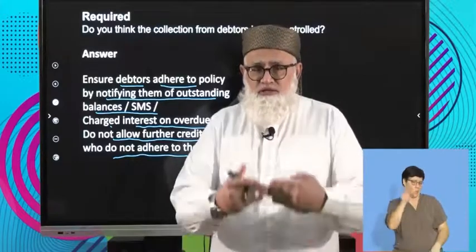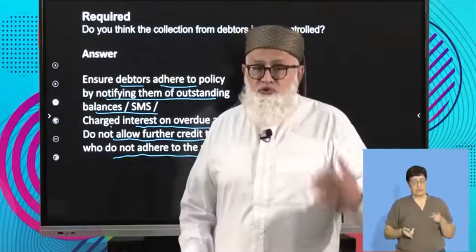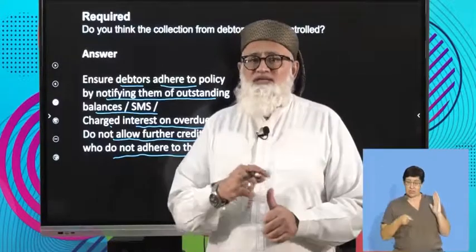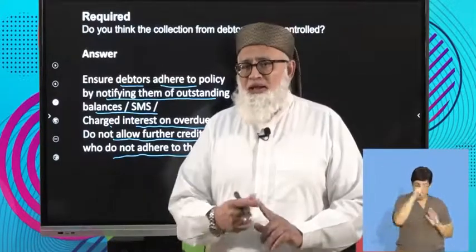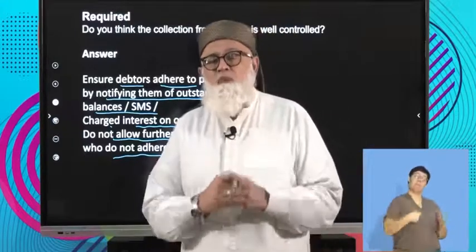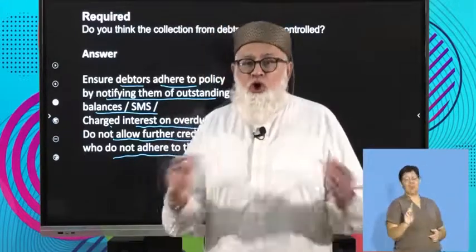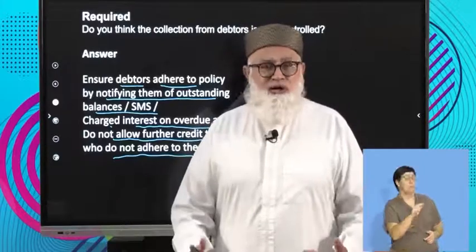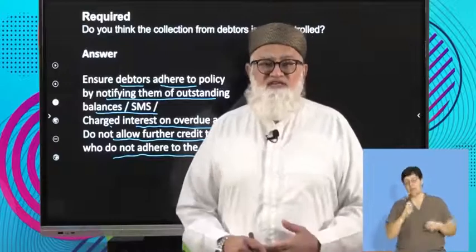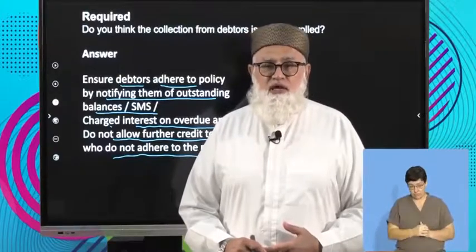So you say, okay, debtor A, you're not complying with the credit terms, you're not complying with the credit policy, therefore we're going to stop all credit to you, no more credit to you until you come to the party, you start settling your debt, and then we will revisit your credit policy.